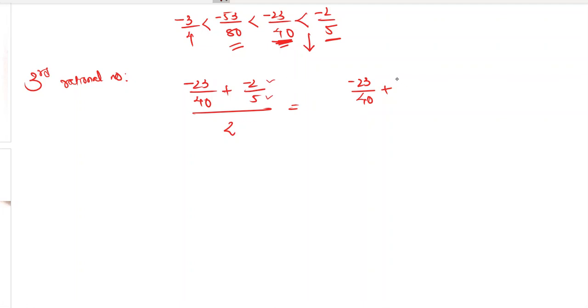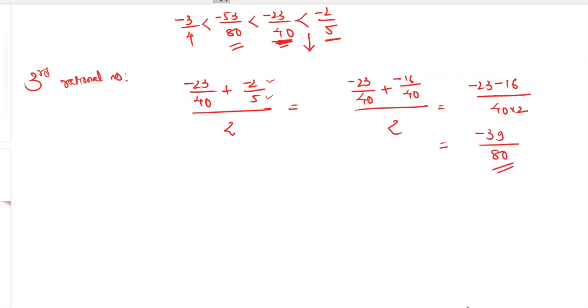So if I multiply 8, it will become minus 16 by 40. So this is minus 23 minus 16, the whole upon 40 into 2. So this is minus 39 by 80. Correct? This is the third rational number.